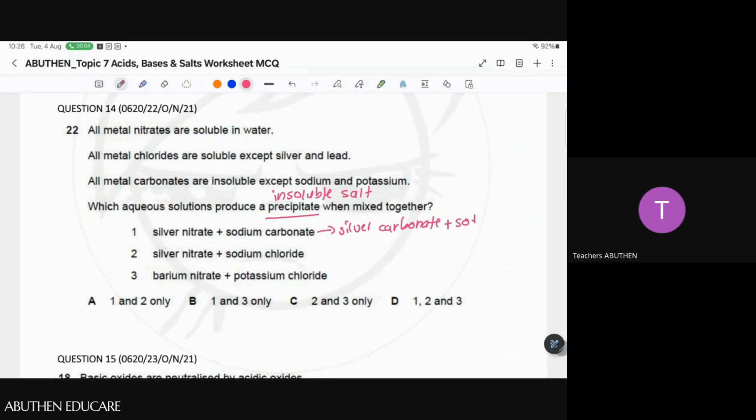Let's just write everything first, and only then we check whether it is soluble or insoluble. For this, I'm going to get silver chloride and sodium nitrate as well. This is going to be barium chloride plus potassium nitrate.